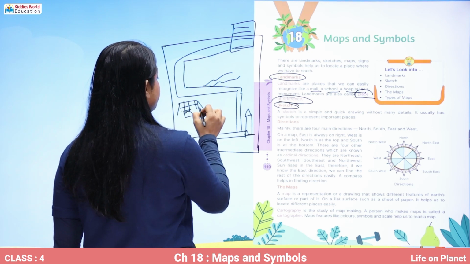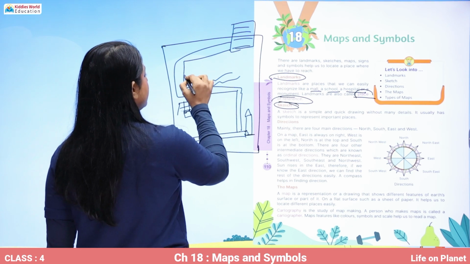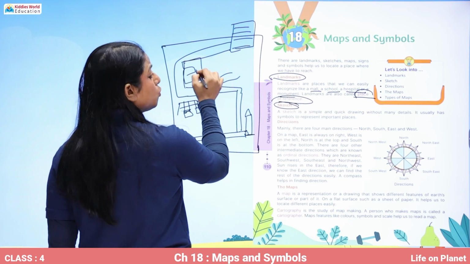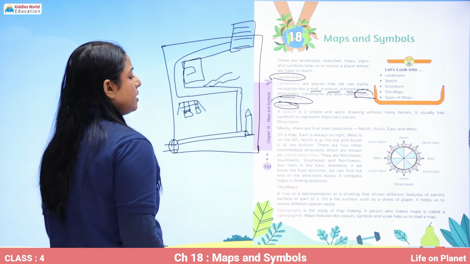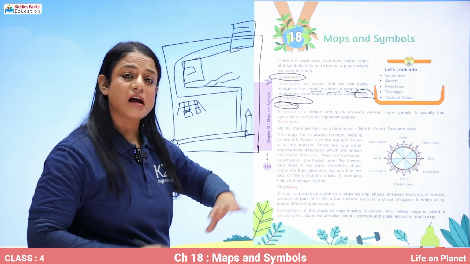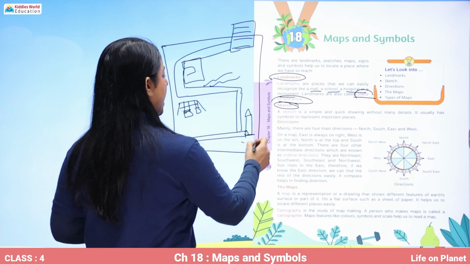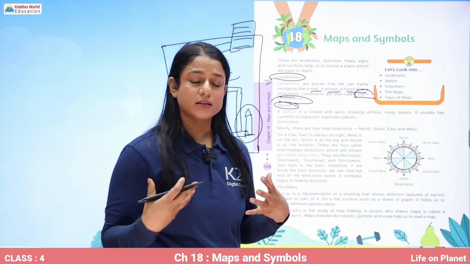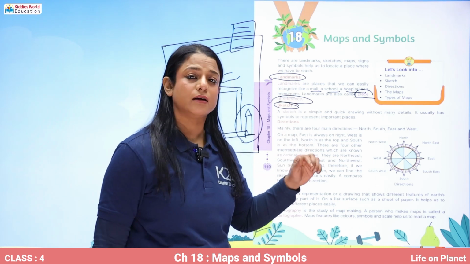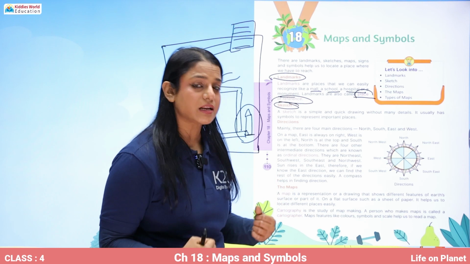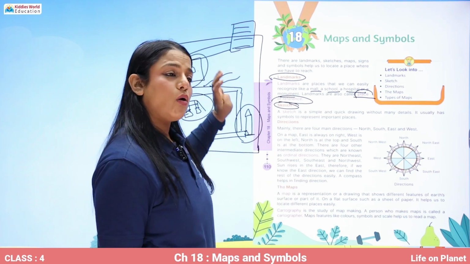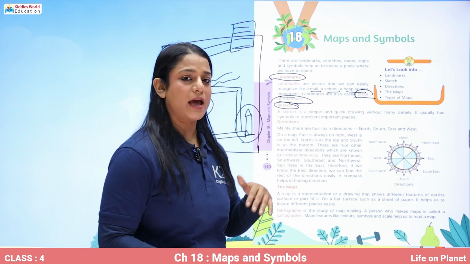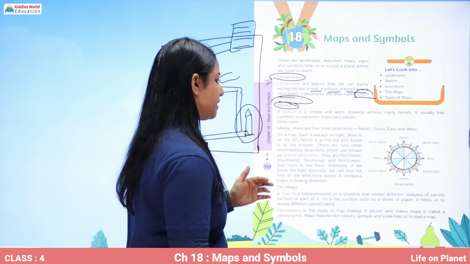I will draw a symbol like this, and then there is a mall at the side of the road, or a school at the side of the road. Like this I can make a rough sketch which has just symbols of the important places, so that a person looking at the sketch can understand that from this place, I have to go right, I have to go left, and then I will reach a particular destination.